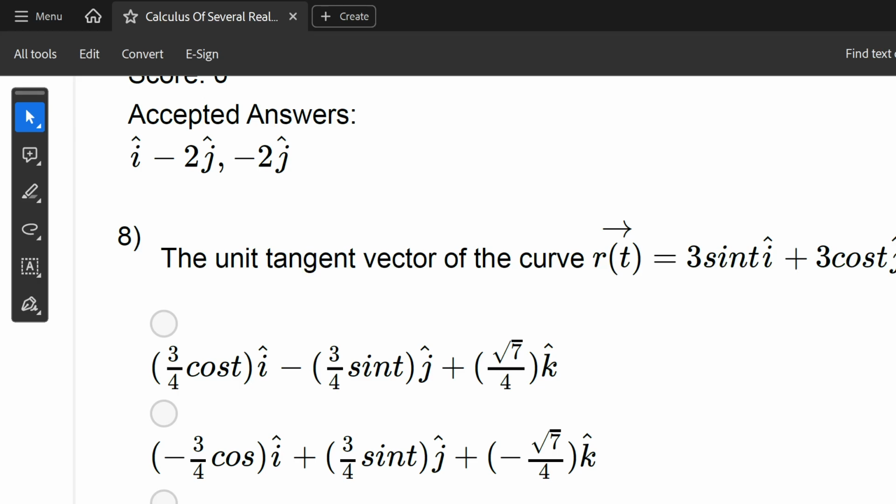Yes. Can you find it from the position vector? If we take the derivative of the vector of the curve, we get the tangent vector. Yes. So the derivative of the position vector is nothing but the tangent vector. And unit tangent vector means you have to divide the derivative vector by its magnitude or norm.